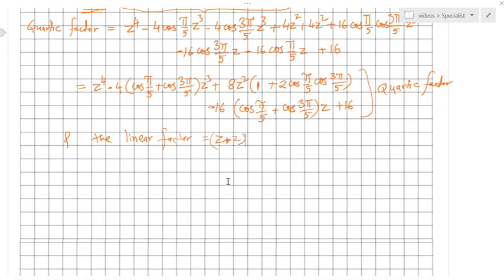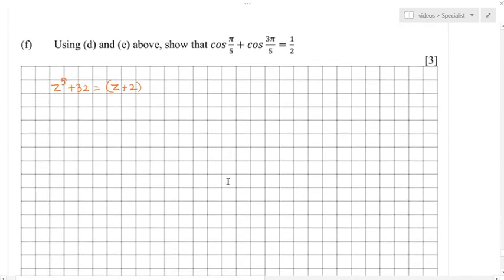Let's write that thing, and that's the linear factor, and the quadratic factor I'm going to write here: z to the power 4 minus 4 times cos pi over 5 plus cos 3 pi over 5, z cube, plus 8.